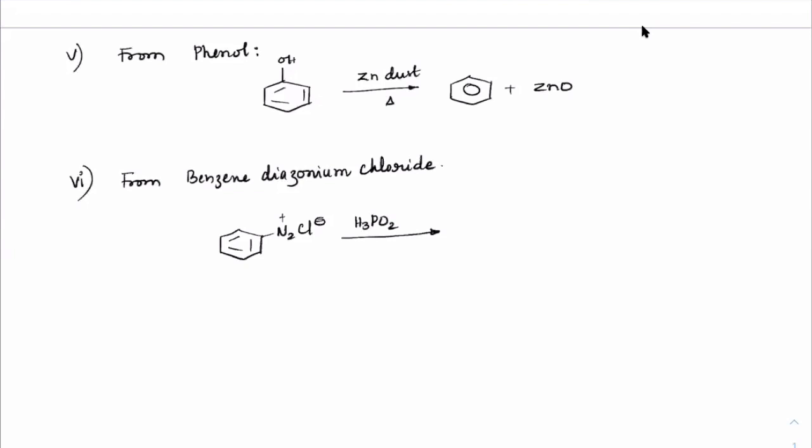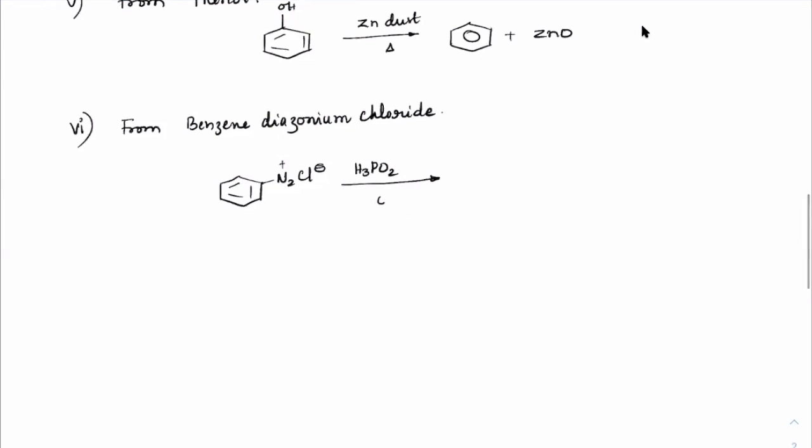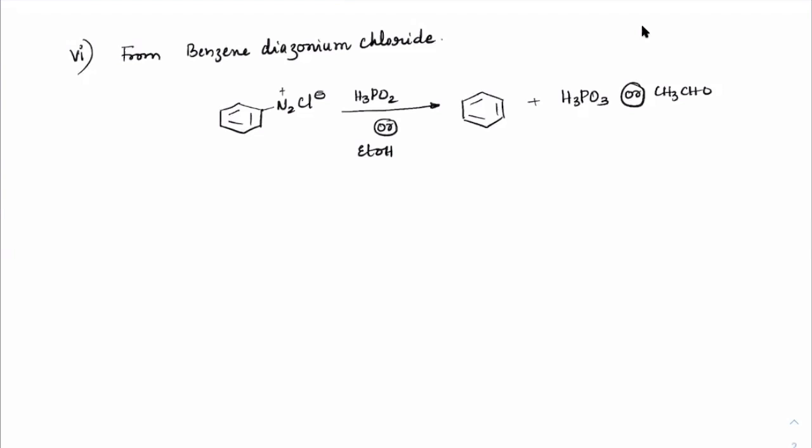When you treat with hypophosphorous acid or ethanol, in both cases they will act like a reducing agent, reduce this form into benzene, and this will get oxidized to become H3PO3, and this will get oxidized to form CH3CHO. Small fundamental, although you will come across this reaction almost another 5-6 times throughout organic chemistry.